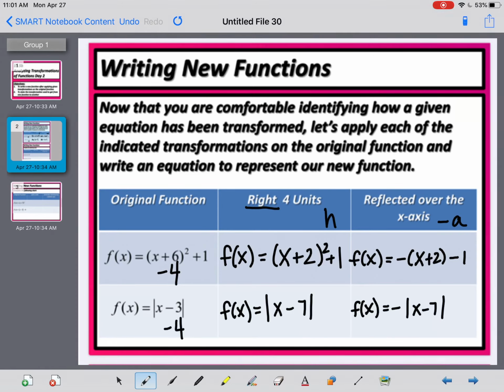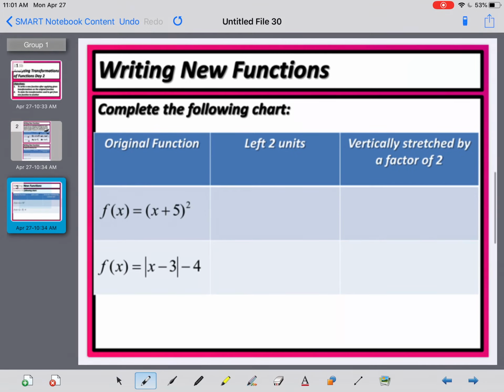We would apply a negative to the front. Since there's no k value here, there's nothing to distribute. Right, so we could put a little asterisk here. Okay, to distribute the negative to the k value. Just the negative. We don't distribute any other numbers.